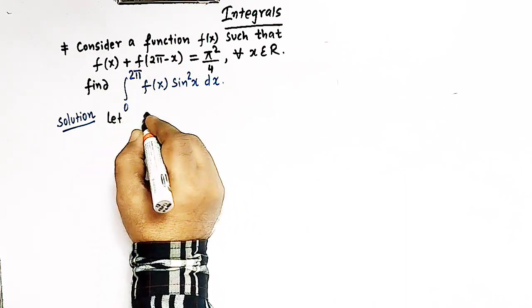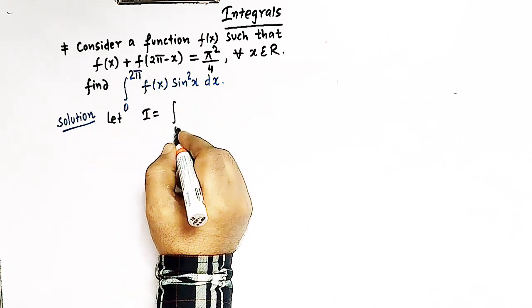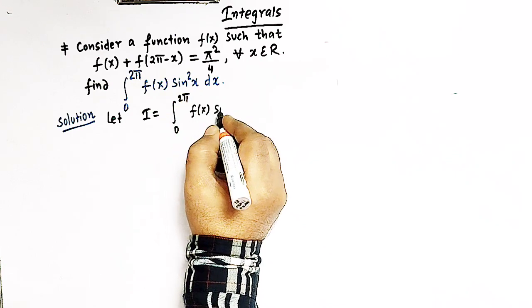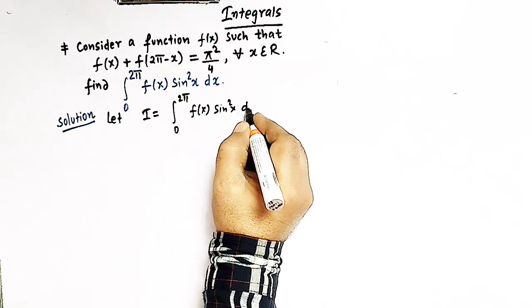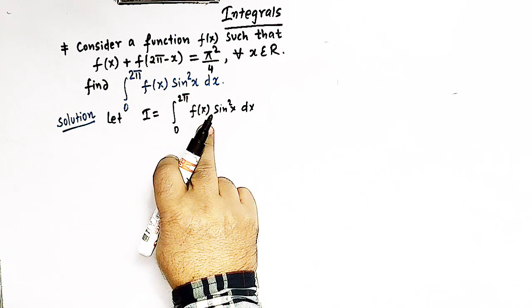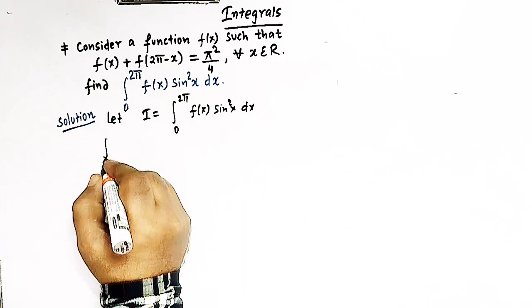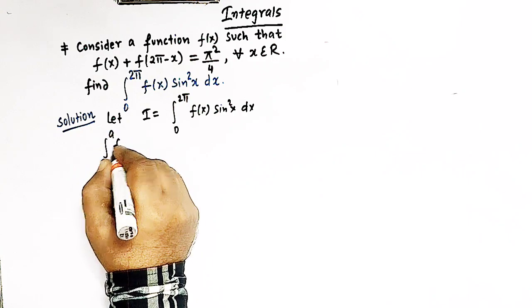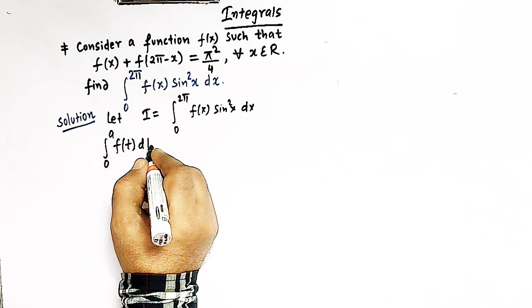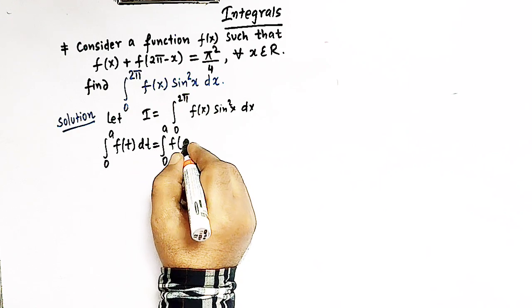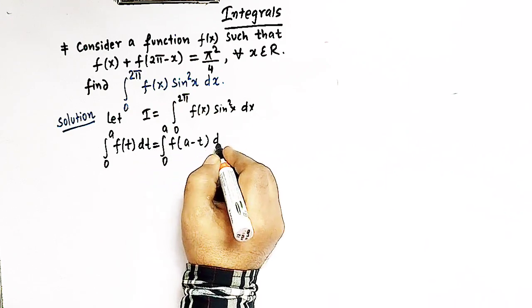So here we'll assume I is equal to the integral from 0 to 2 pi of f of x sine square x dx. Now let us make use of this property of definite integrals: the integral from 0 to a of f of t dt is equal to the integral from 0 to a of f of a minus t dt.